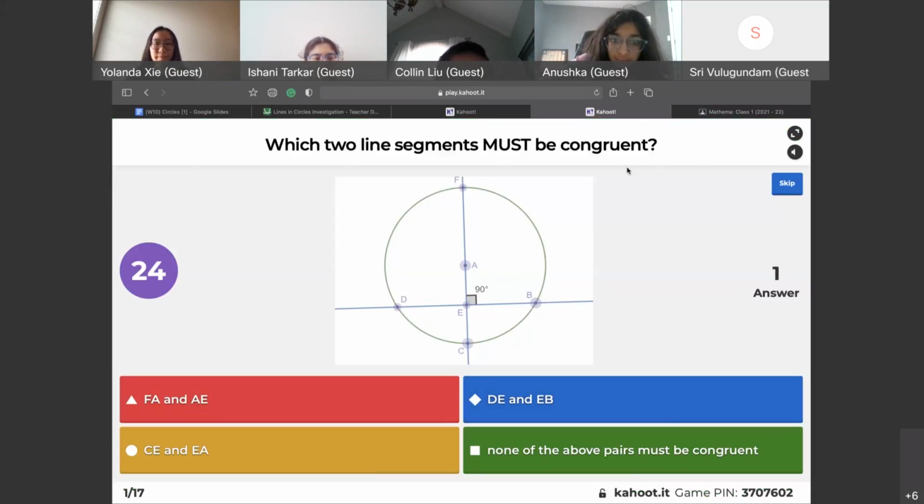Interesting. Okay. Which two line segments must be congruent in this circle? All right, think back. This was the very first thing we did in the Desmos.